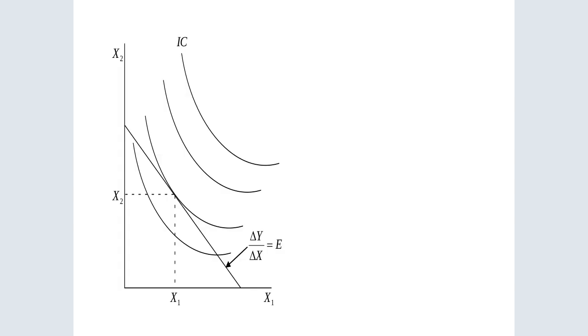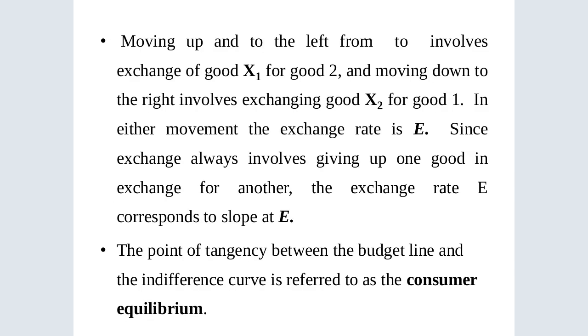So if you look at the diagram well, there is a point of tangency between the second indifference curve and the budget line. That point of tangency, where the budget line is touching the indifference curve, is where the consumer is in equilibrium.